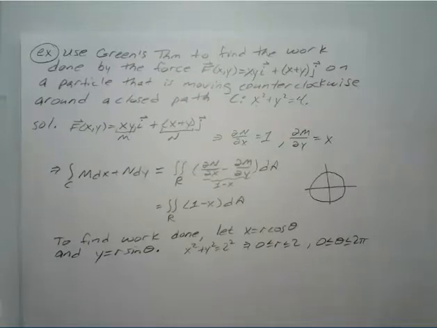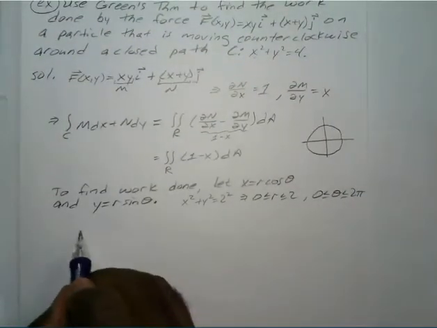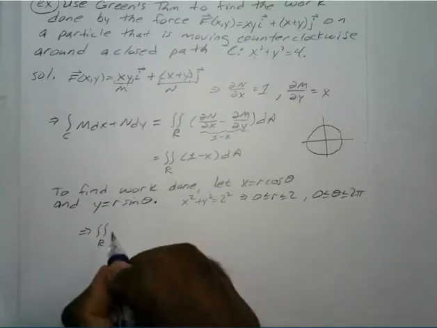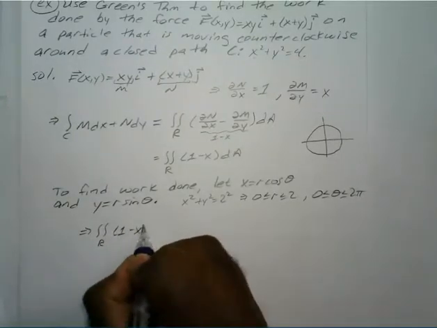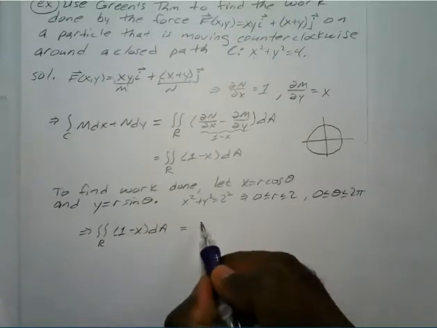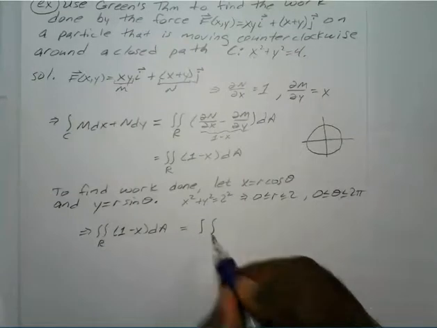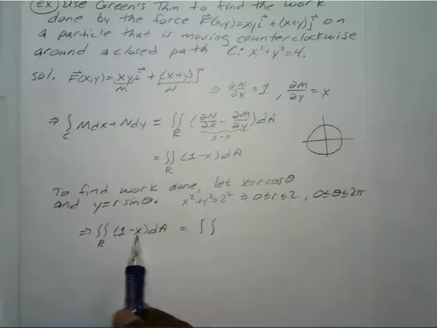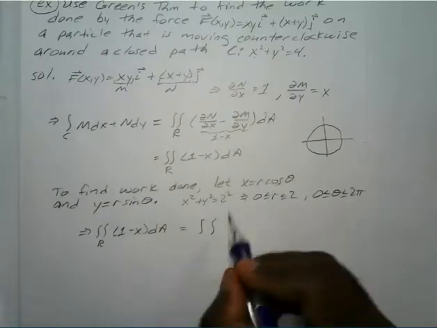All right, so now we can go ahead and plug that in. So 1 minus x with respect to the area is equal to the double integral. Okay, you have your f of r theta, which is 1 minus x, which is r cosine theta.